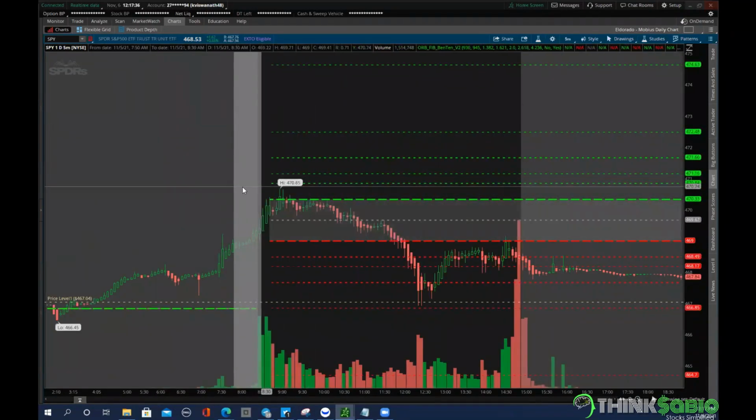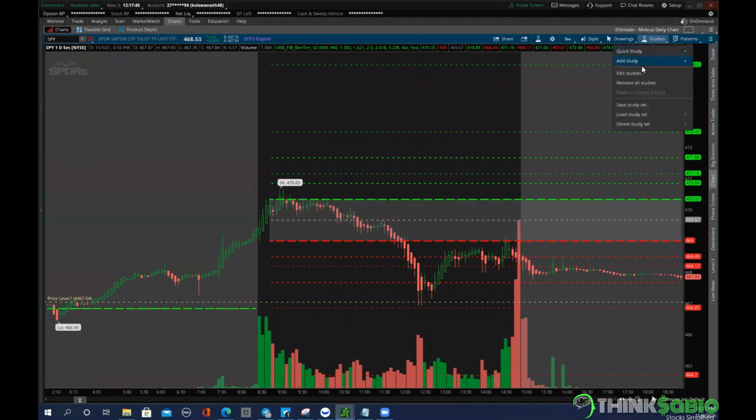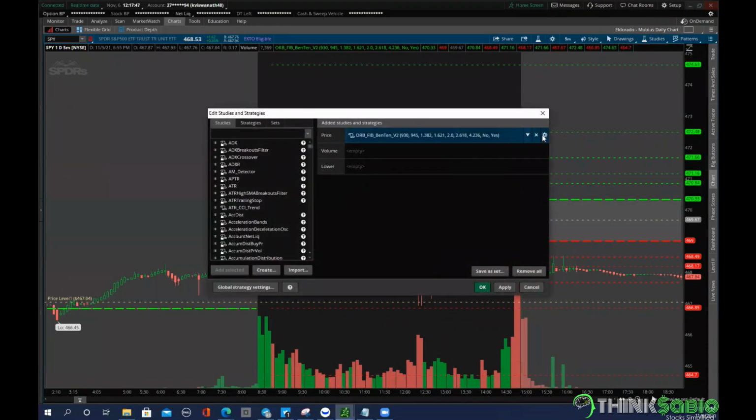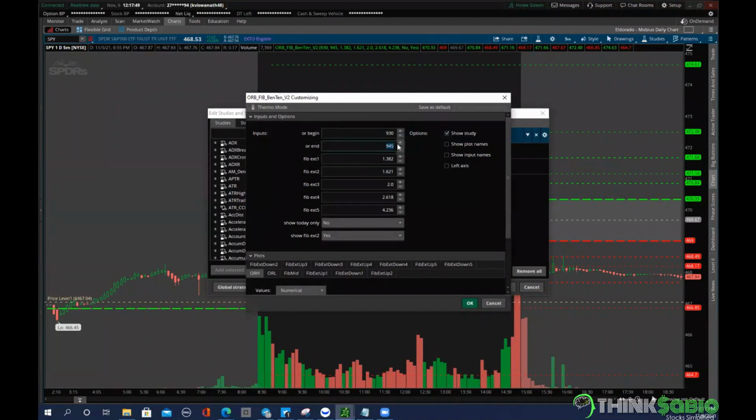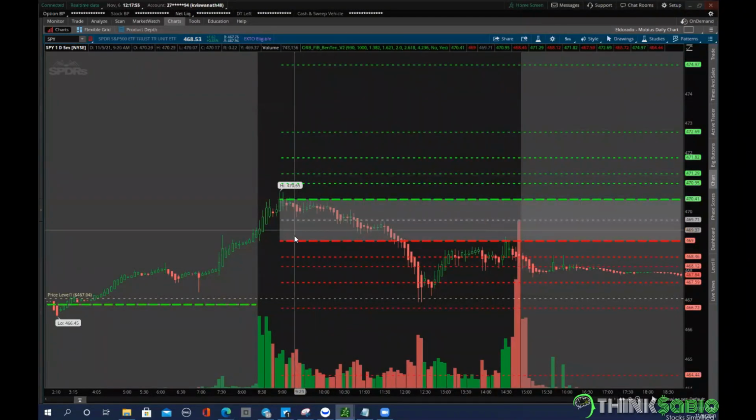What I try to do is plot this not at 9:45 usually, but I change it from 9:45 to 10:00. That means it's 10 o'clock. Then I have these automatically plotting on my screen.